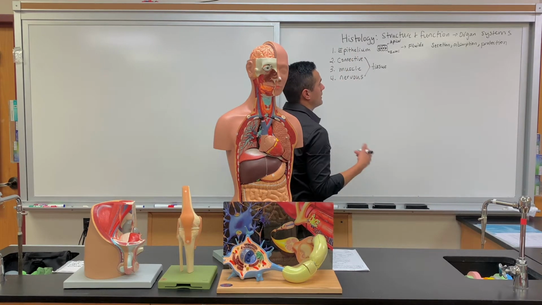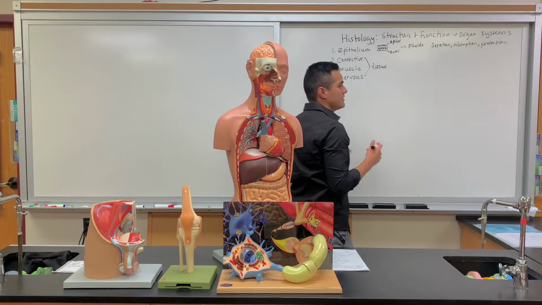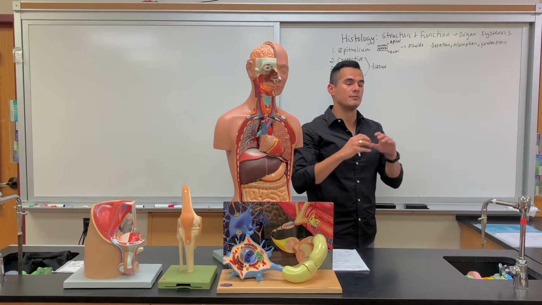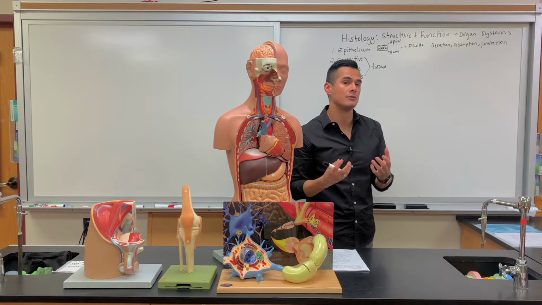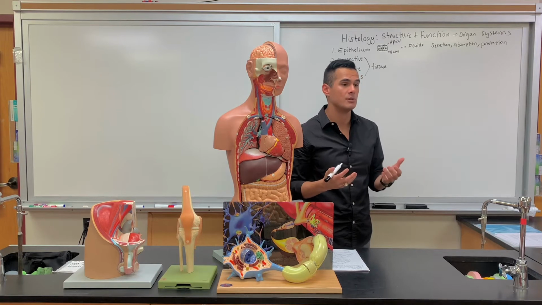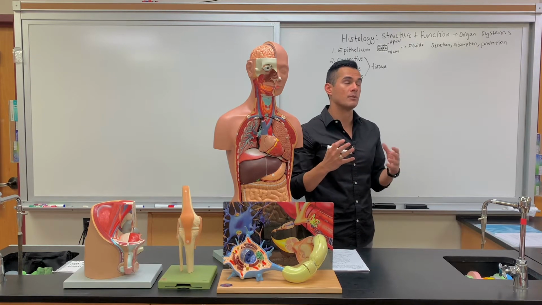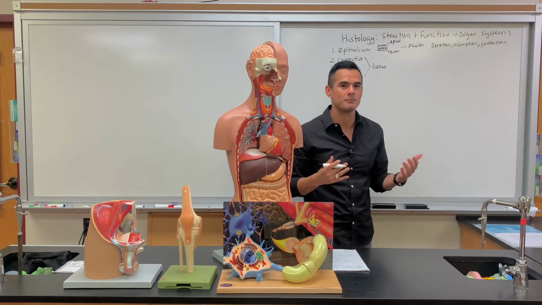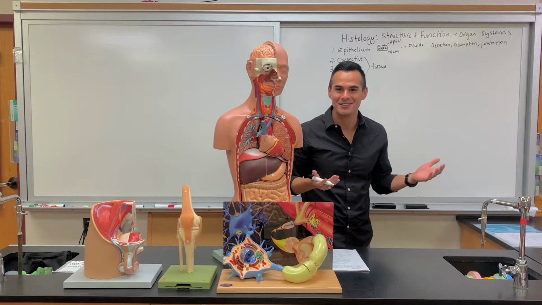For the connective tissue, we're going to talk about the various types of connective tissue, but the first thing I think about with connective tissue is, what does it do? Connect stuff. Connective.